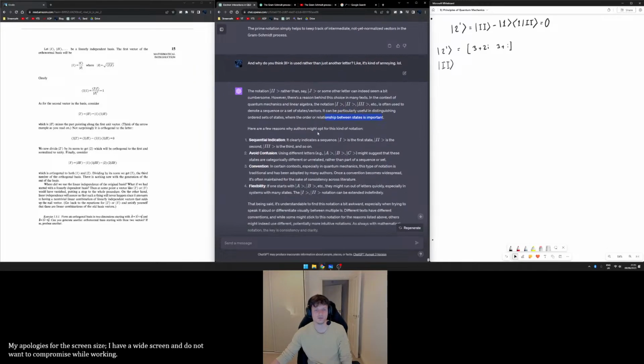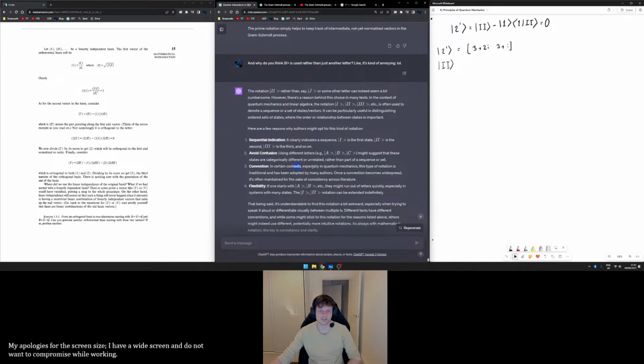Here are a few reasons why authors might opt for this kind of notation. Sequential indication. It clearly indicates a sequence. Is the first state, is the second, is the third, and so on. Avoids confusion. Using different letters might suggest that these states are categorically different or unrelated, rather than part of a sequence or set. Okay.